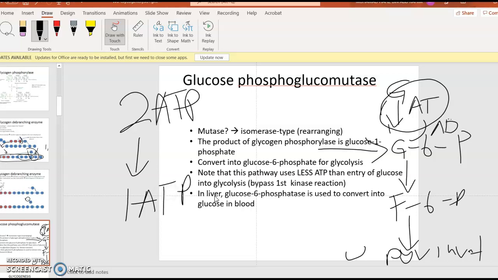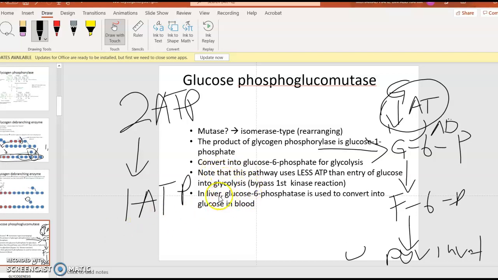So the total energy that we get from the breakdown of glycogen is 1 ATP extra compared to the normal breakdown of glucose. If you remember, 2 net ATP are produced in glycolysis, right? But if you get the glucose from glycogen, you will get 3 ATP instead of 2.